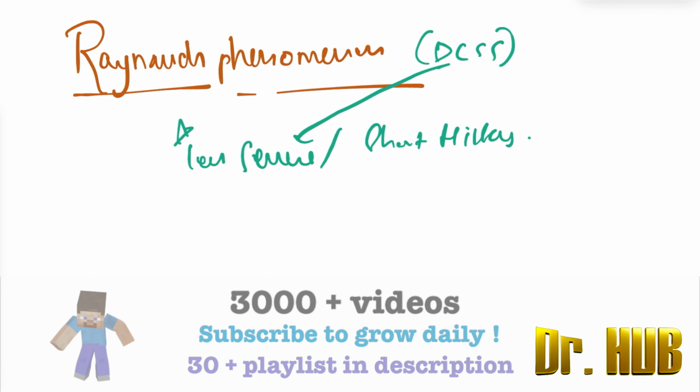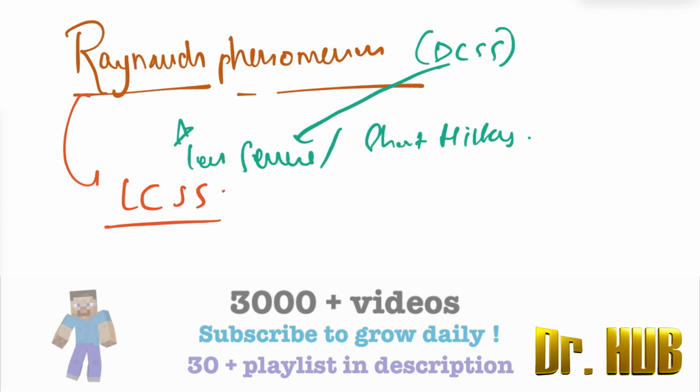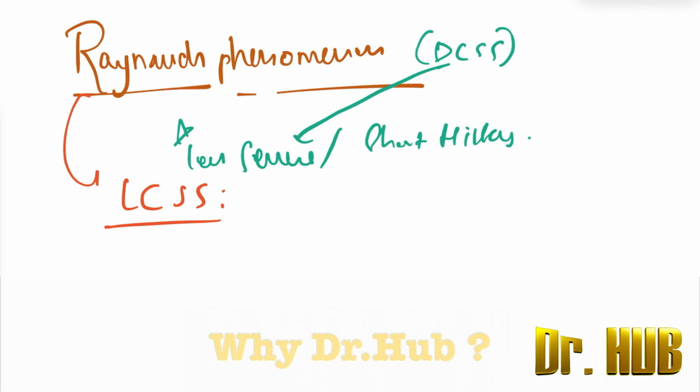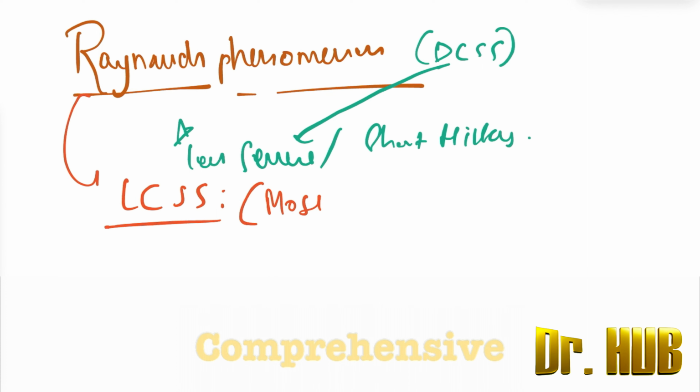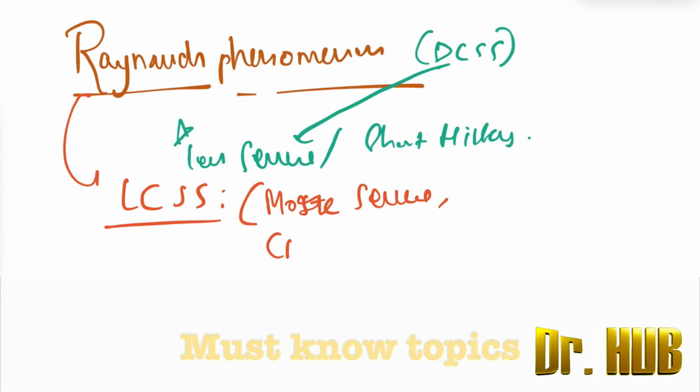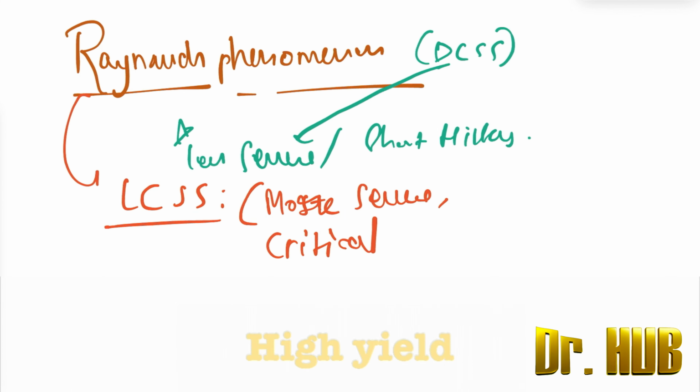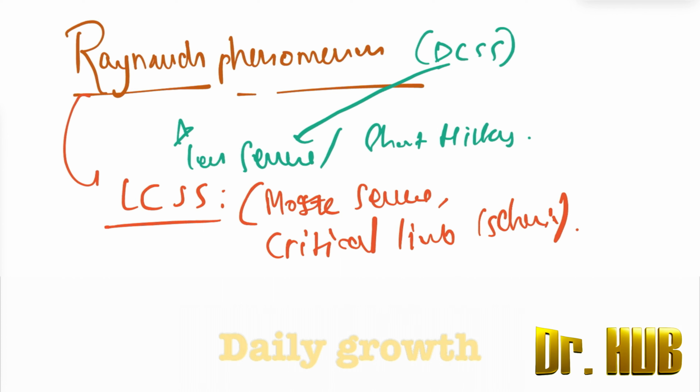Then when we look at limited cutaneous, LCSS, limited cutaneous systemic sclerosis, this is more severe, and it is commonly associated with critical limb ischemia. The other feature is that it has a long history.